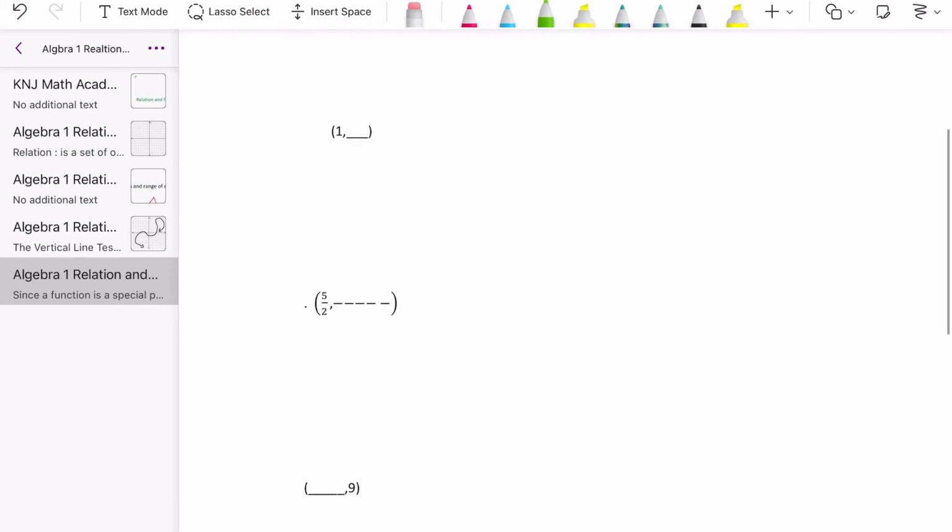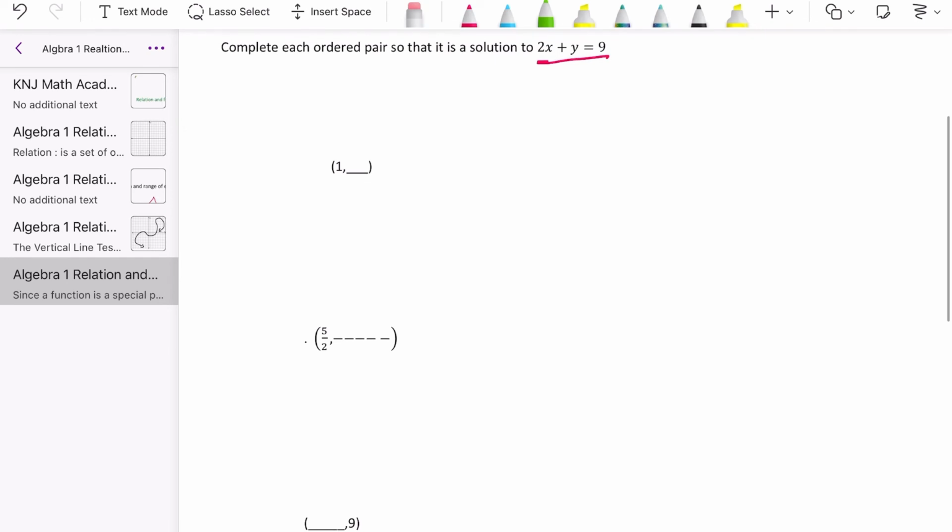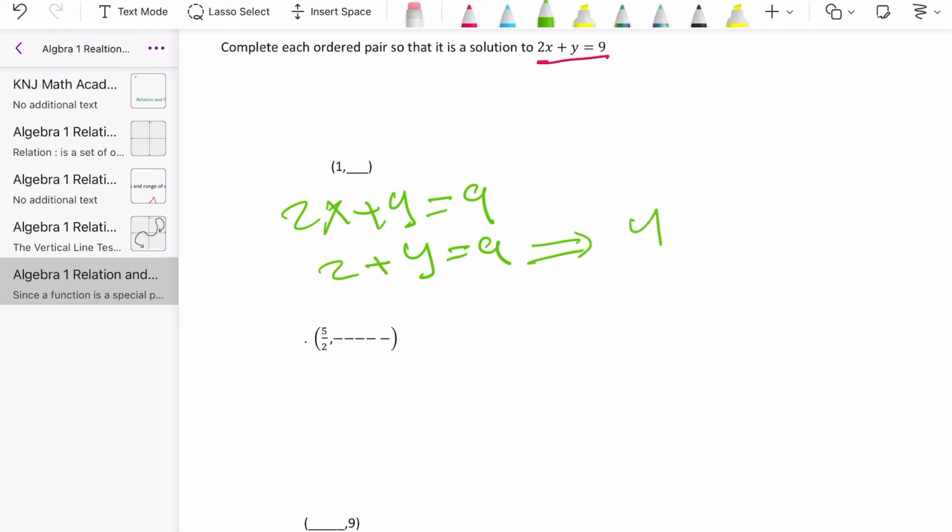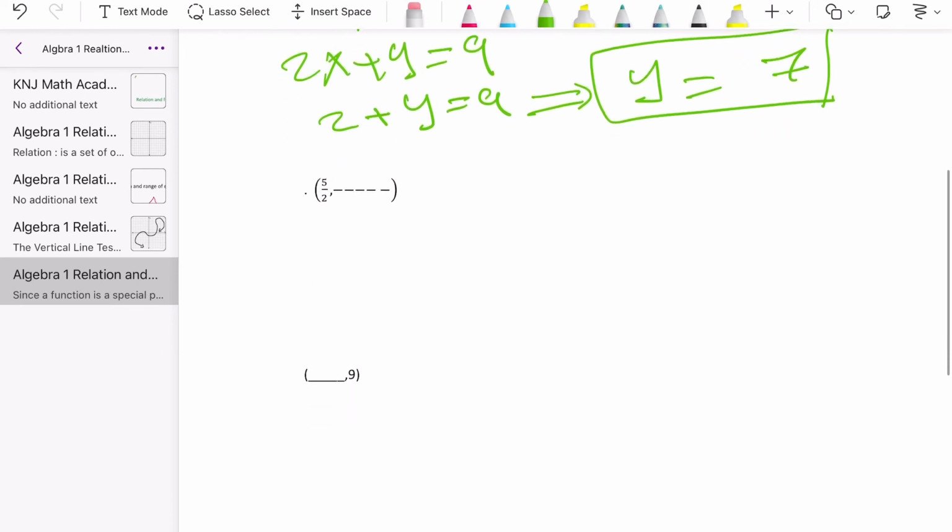So the first one here, 1 and something. So my x is 1 and y I would like to get through this equation. So it is 2x plus y equals 9. Here my x is 1. So 2 plus y equals 9. So y equals 7. So after solving this equation, the other pair is 7. Okay? Let's move to the next example.